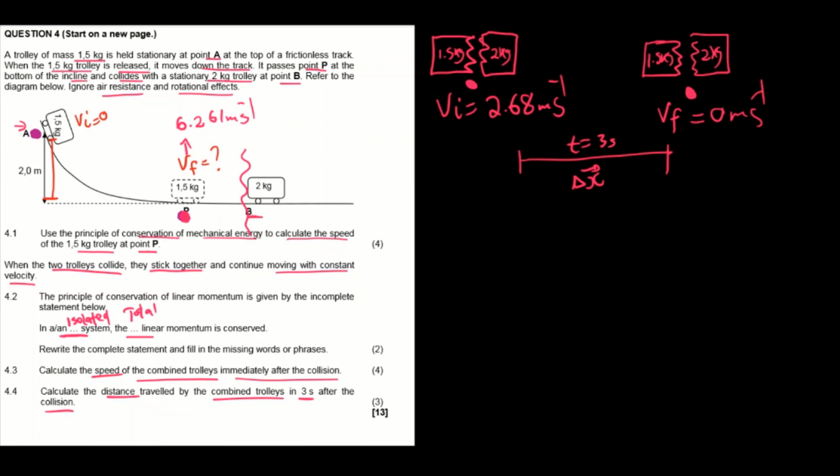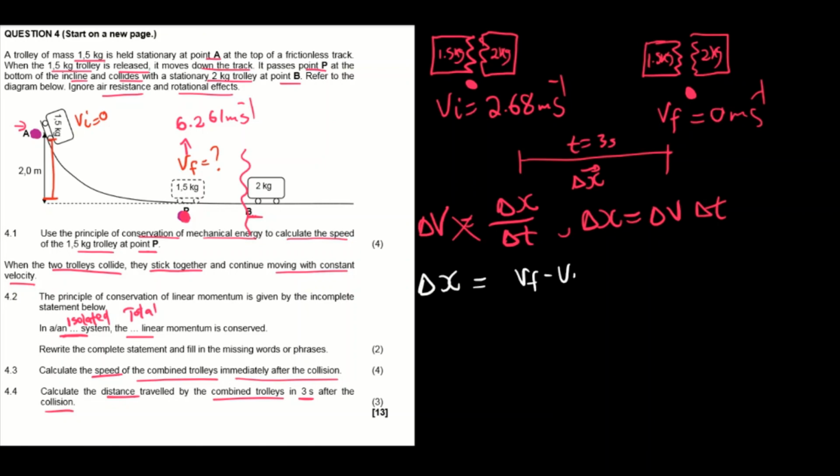So what we're going to do is, change in v is equal to change in displacement over change in time. Because we want displacement, we're going to cross multiply, so change in displacement is equal to change in velocity multiplied by change in time, which means the displacement, change in x, is equal to the v final minus the v initial, multiplied by your change in t, which is 0 minus the 2.68 meters per second multiplied by your 3 seconds.